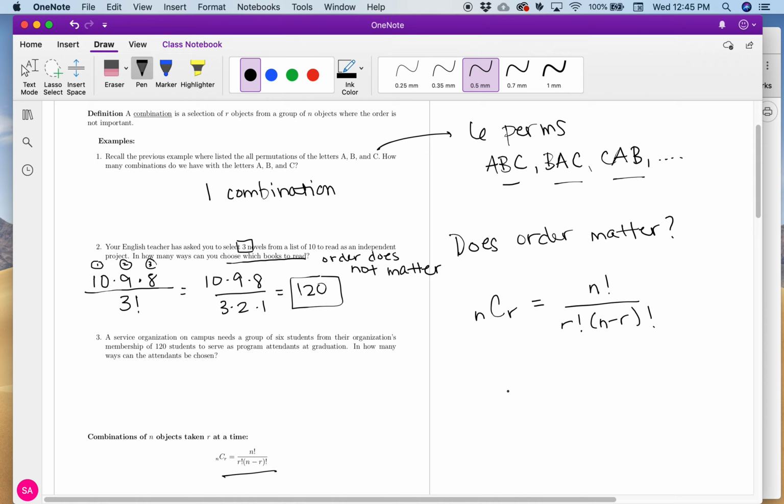Let's apply this problem to it. n and r are the same as they were in the permutation formula. n is your total number of objects, so in this case, there were 10 books to pick from. And r is the number you're choosing. How many of those books are we choosing?